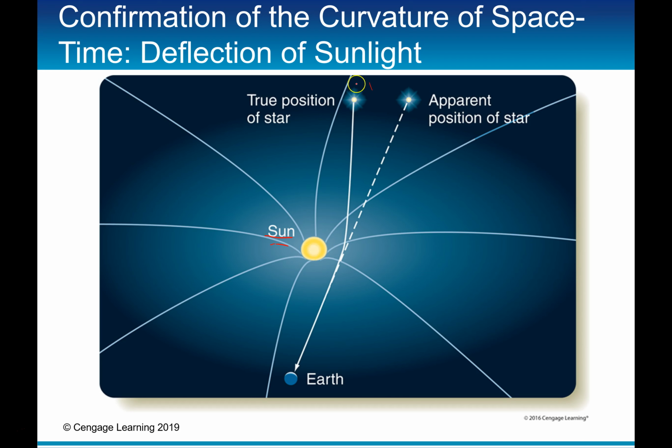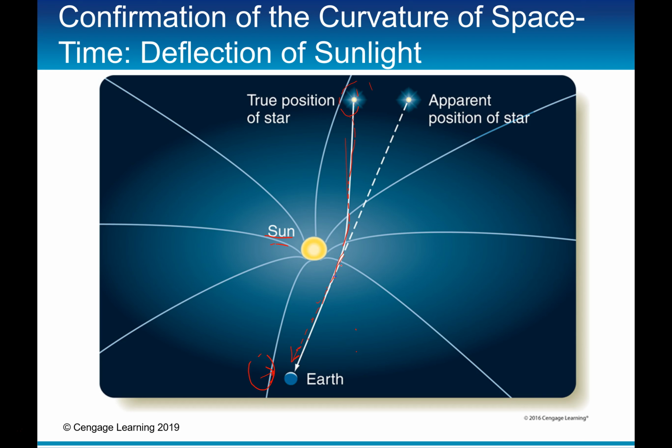Here we have a star, and this is the star's true position. The starlight comes here, and we're here. If it was normal flat space-time, which it is not, you would expect that if the Earth is here, we'd see the star here. But what happens is its light actually gets bent or follows the curved space-time, and then it comes back up out of its little dent, and we see it here.